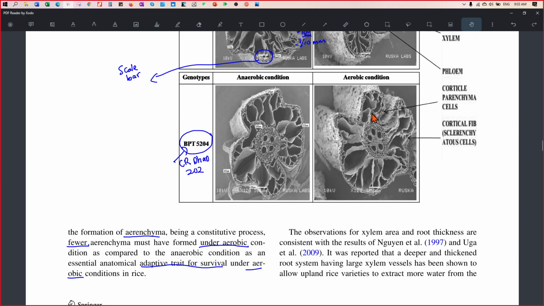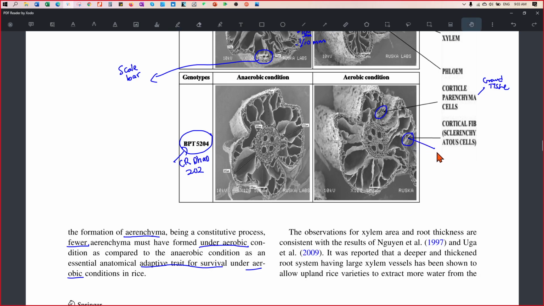Okay, what else do they do? So this is the cortical parenchyma. You see, the parenchyma is actually the ground tissue. And then you got the cortical fiber, which is the sclerenchyma.